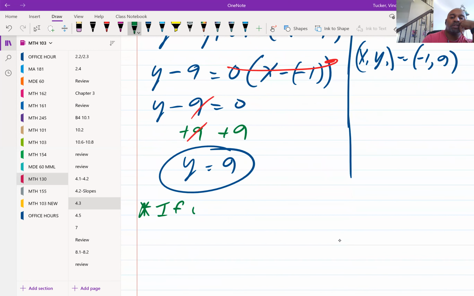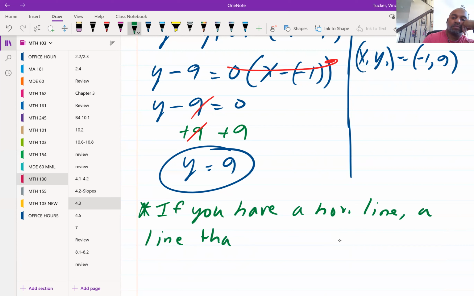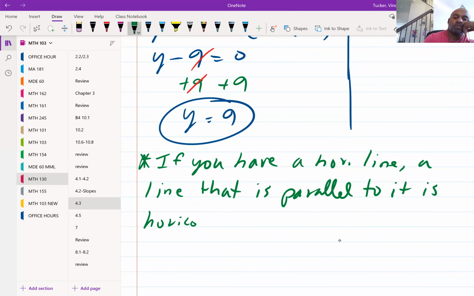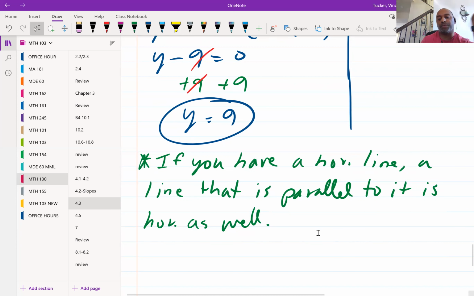So the first thing we recognize is that if you have a horizontal line, a line that is parallel to it is going to be horizontal as well.